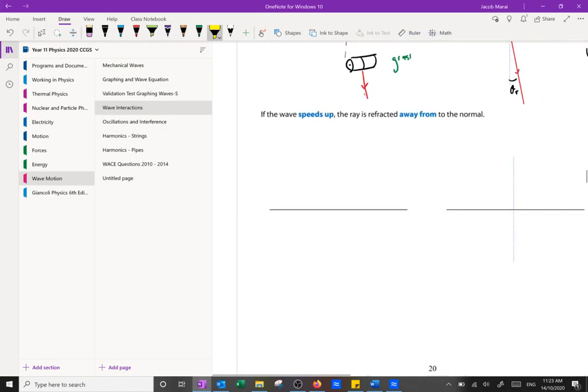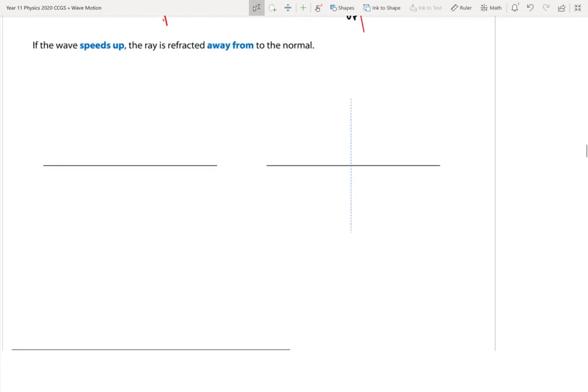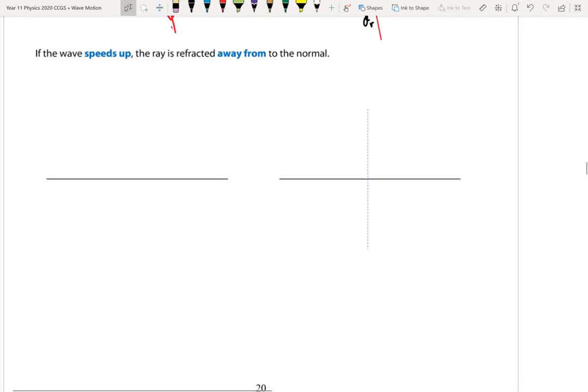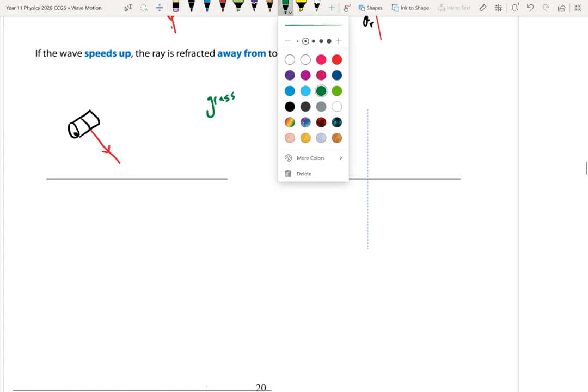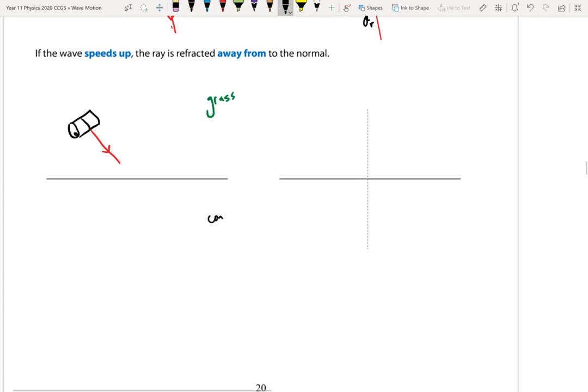So let's go the other way. I still want you to think of a barrel rolling, but now let's reverse it. Let's go from grass to concrete. Okay, so you can write it here: grass to concrete. And now, when the barrel reaches the boundary, the edge that enters is now travelling faster relative to the trailing edge that hasn't yet entered it.